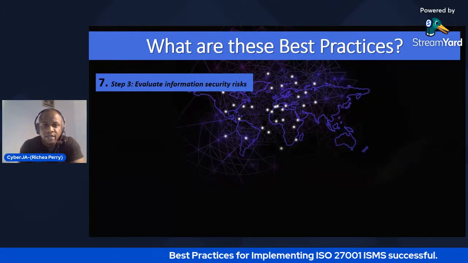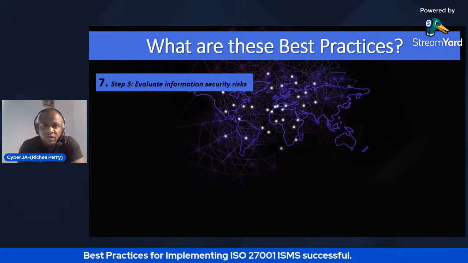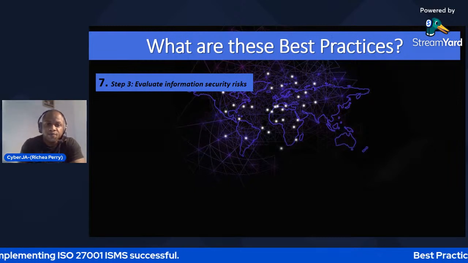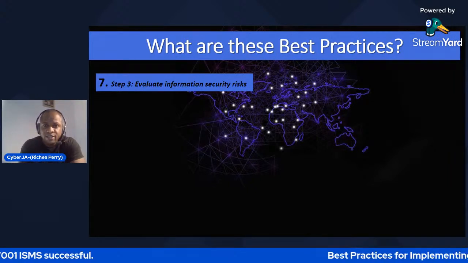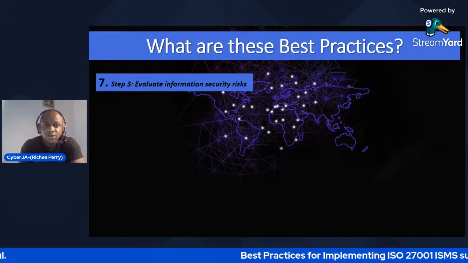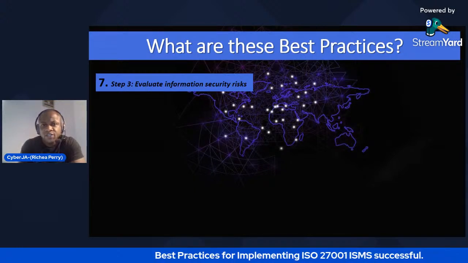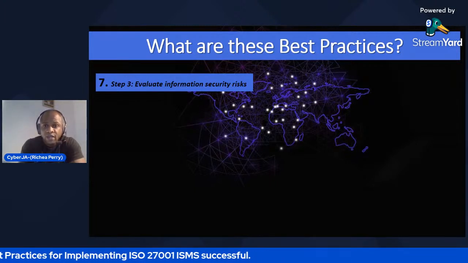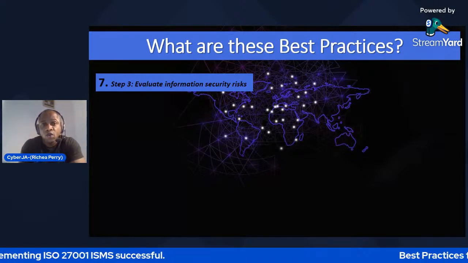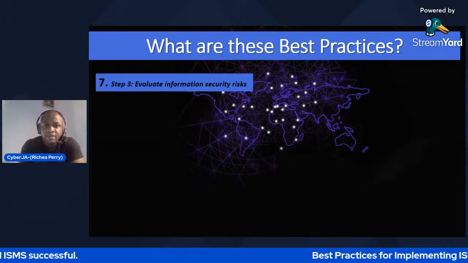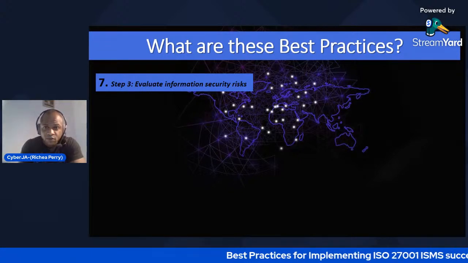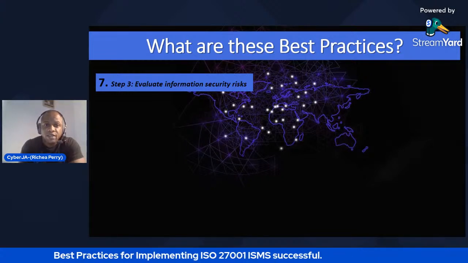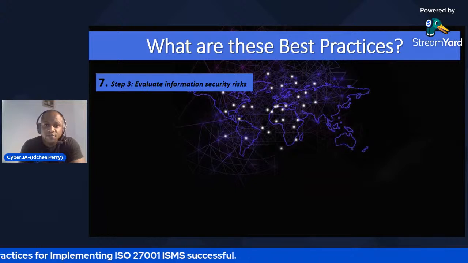Then we look at the seventh best practice, to evaluate information security risk. Now, information security risk assessment is focused on finding out beforehand what can possibly go wrong with the assets and have a negative impact on the cash flow, legal obligations, or reputation of a given organization.